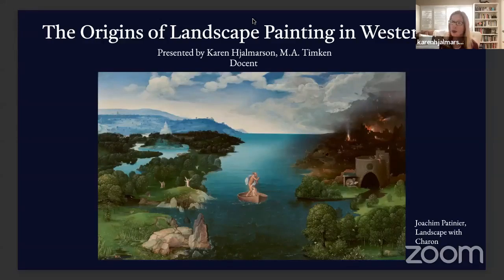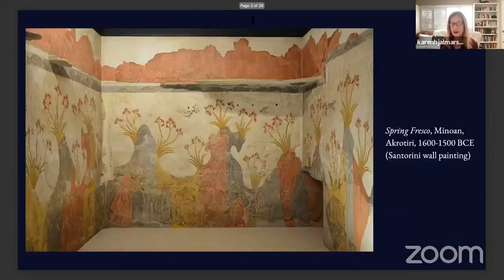But why is it so important? Because the Dutch in the 17th century, with the works of Hobbema and Van Ruisdael, really focused just on landscape painting. So we are not going to talk about this too much right now. We're looking at the work of Joachim Patinir, who was actually Flemish, and he does this landscape with Charon. Oh, it is magnificent. And we will talk about that as we move up a little bit in the presentation.